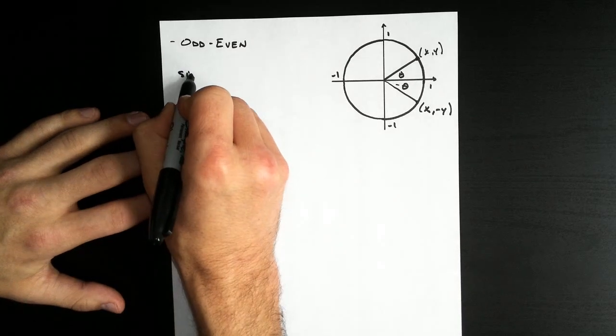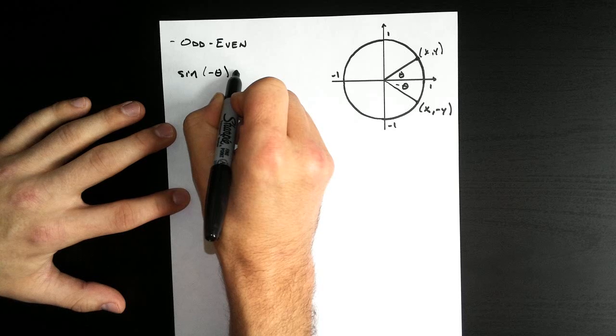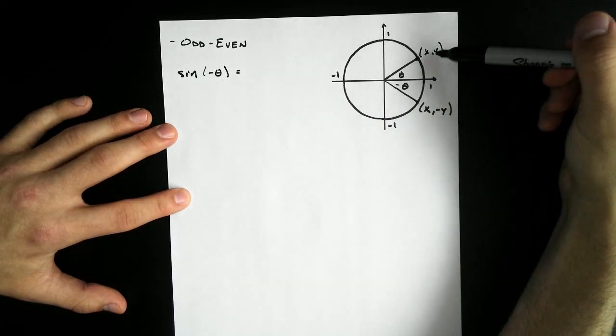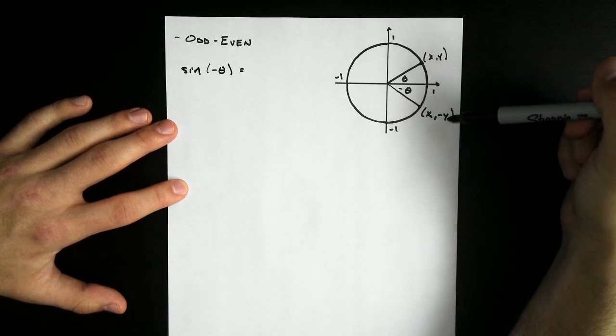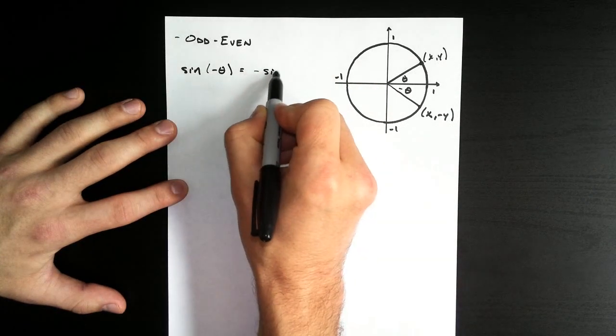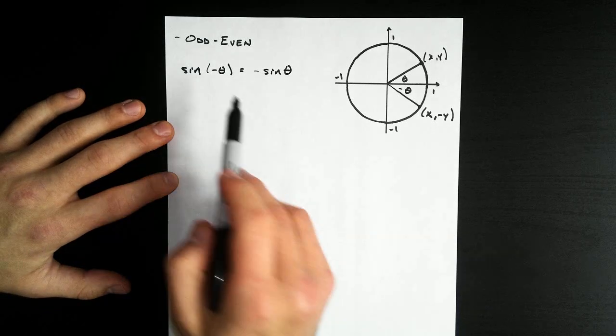So the sine of negative theta, so the sine of theta would give me y, but if I do the sine of negative theta, I get negative y. So this is the same as the opposite of the sine of theta. So just a little shortcut.